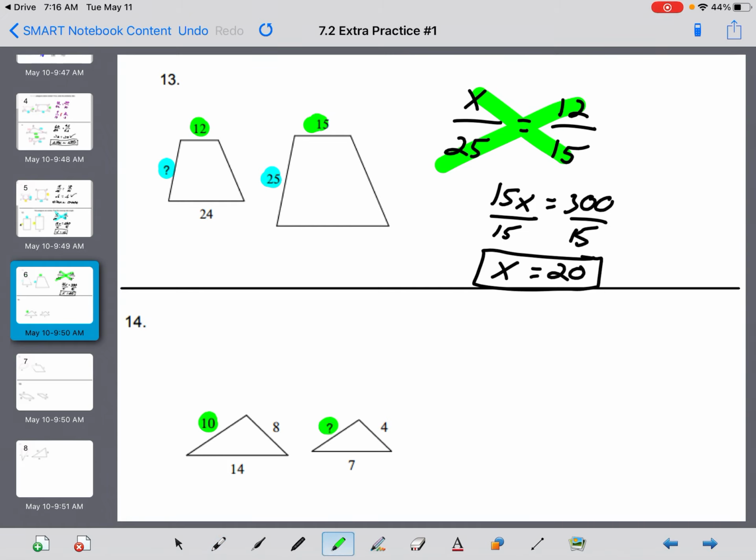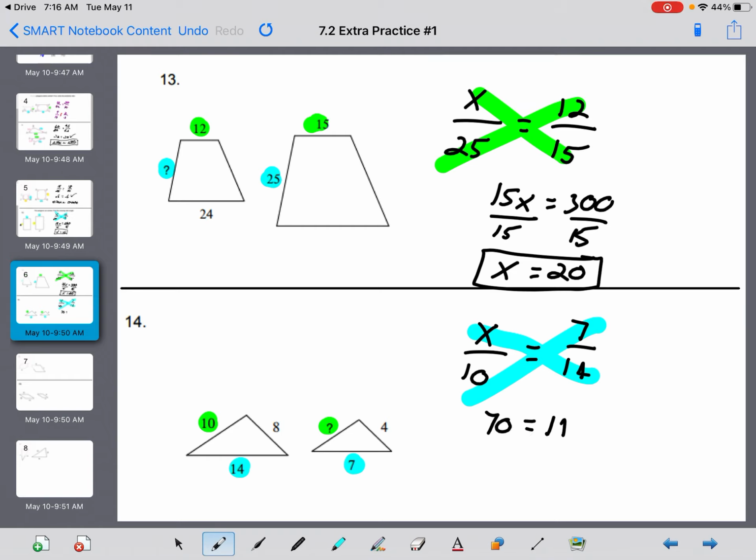Same deal, guys. 10 in your question mark and 14 over 7. So we get x over 10 is equal to 7 over 14. Cross multiply. 7 times 10 is 70. 14 times x is 14x. Divide both sides by 14 and x is equal to 5.